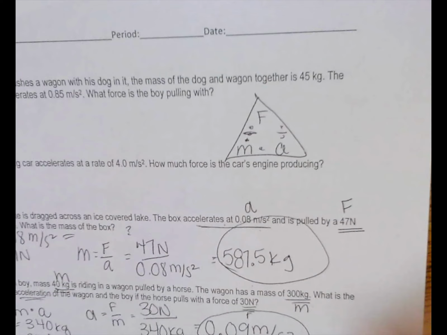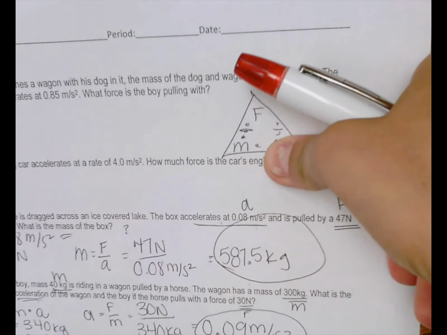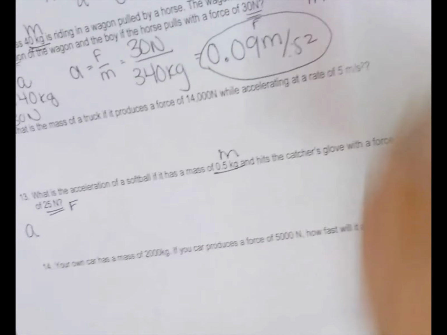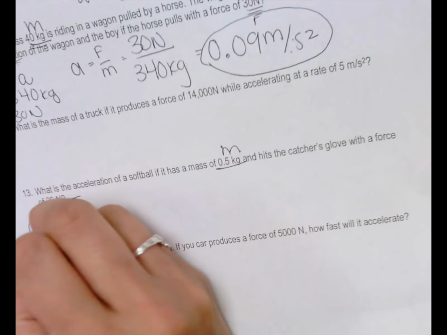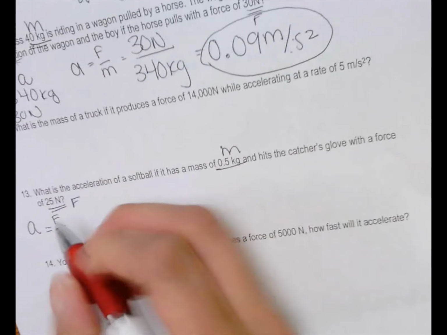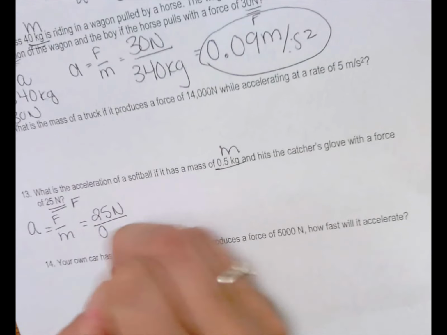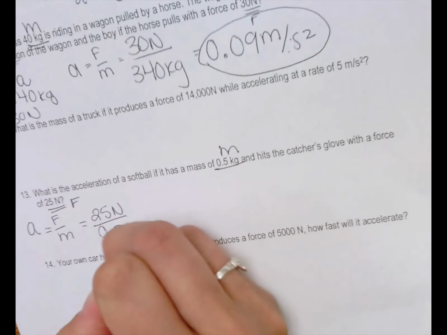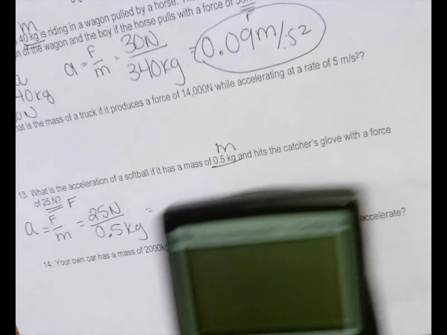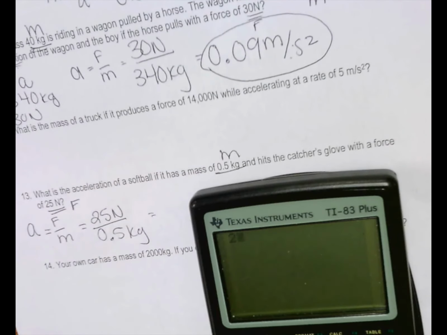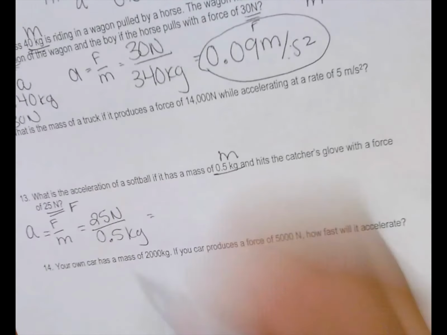Acceleration is equal to force divided by mass. So all we do is you take that force, 25 newtons, divided by the mass of 0.5 kilograms. Type it in. 25 divided by 0.5, 50.